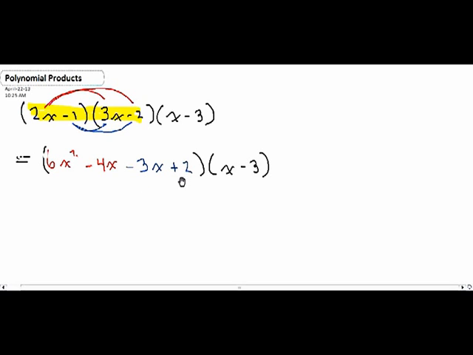And negative 1 times negative 2 is positive 2. And then we're still multiplying this term here. Notice that we can collect our like terms. Negative 4x and negative 3x are like terms. So just below here I'm going to simplify. This simplifies to 6x squared minus 7x plus 2, all multiplied by x minus 3.